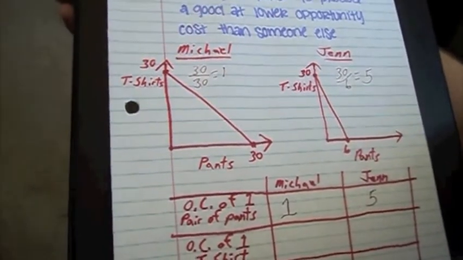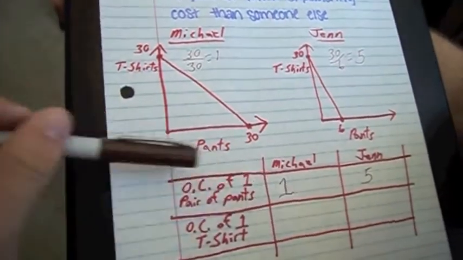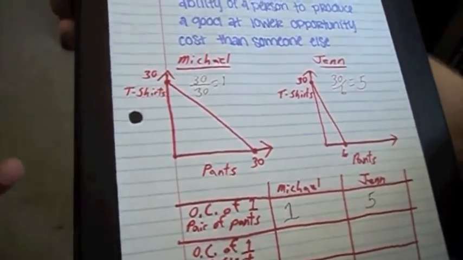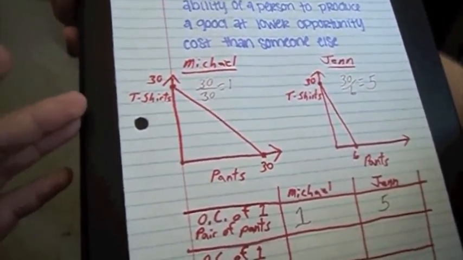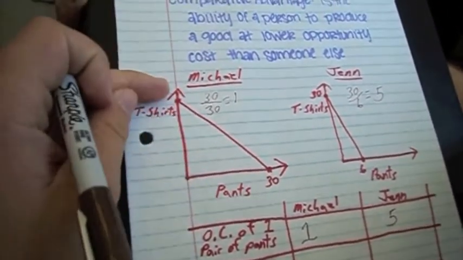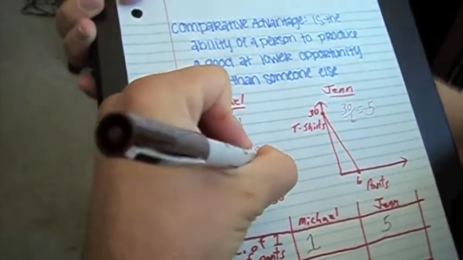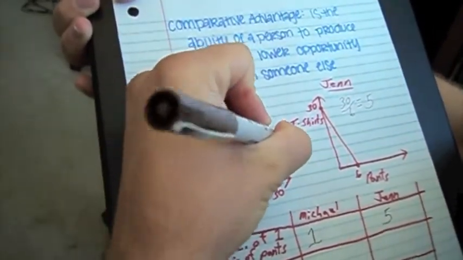Next we have to find the opportunity cost of 1 t-shirt for each person. Well, we could do the same exact thing that we just did, except put the pants on the top of the equation. For Michael, it would be 30 pairs of pants over 30 t-shirts, which would still give us 1.